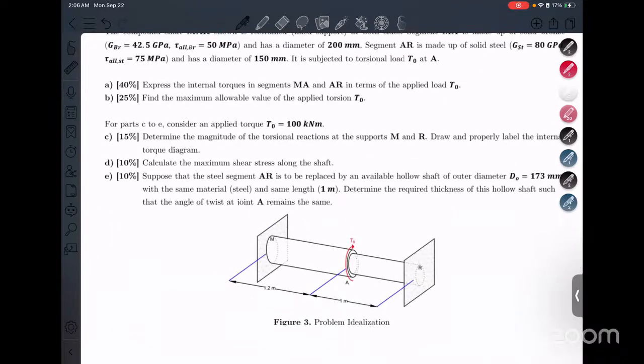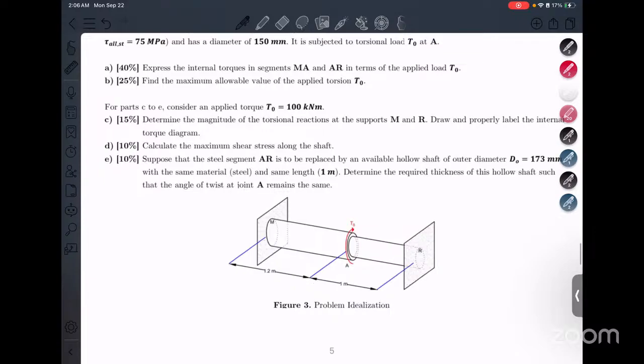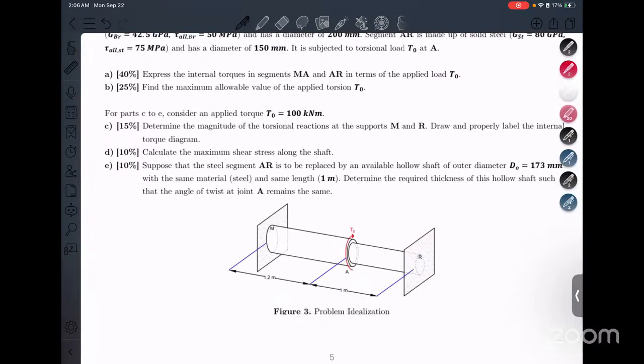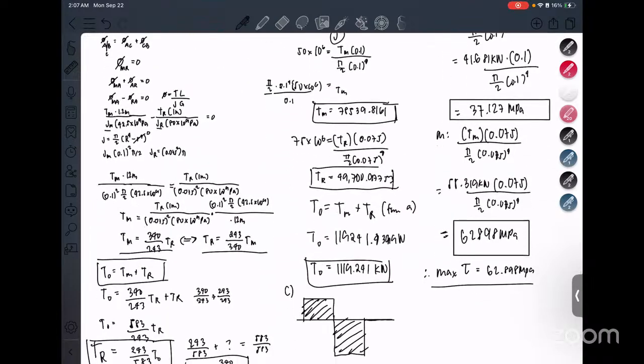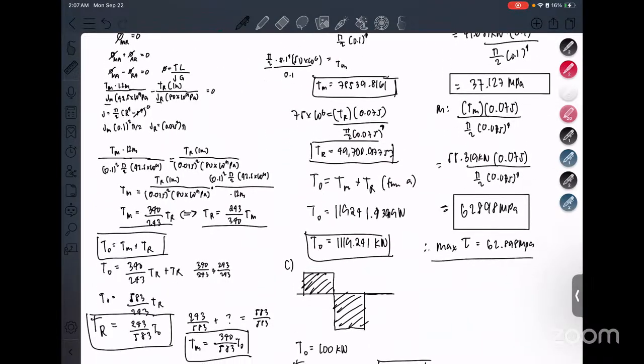Suppose that a steel segment AR is to be replaced by an available hollow shaft with an outer diameter of 173 millimeters with the same material and same length. Determine the required thickness for this hollow shaft such that the angle of twist at joint A remains the same. So if we want the angle of twist to remain the same, then we want its twist equation to be the same.